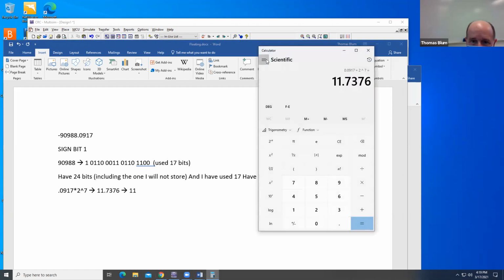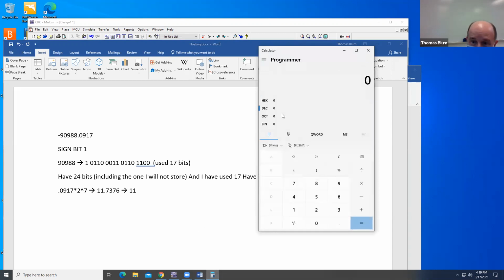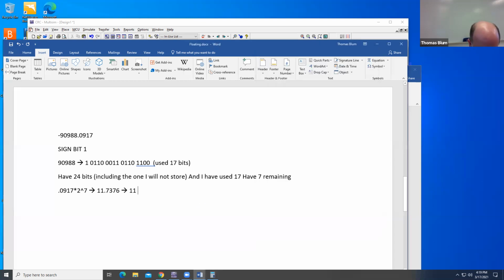Okay, so then I go back to programmer and I take the 11 and it is represented by 1101. Probably could have done that one in my head.